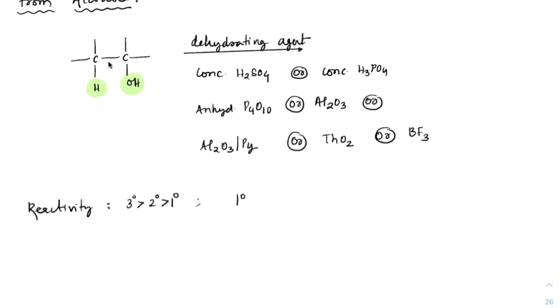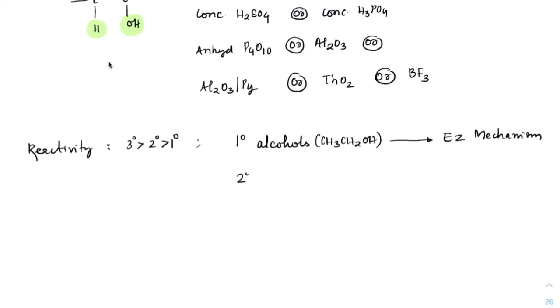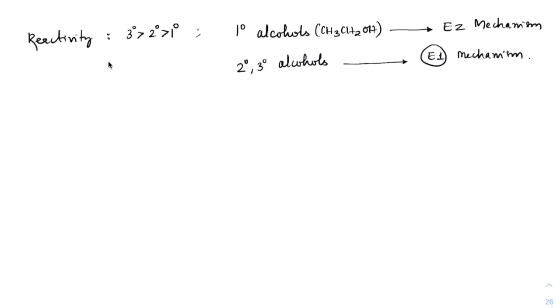When it comes to primary alcohols like CH3CH2OH, if there is any elimination happening, it is usually by the E2 mechanism. But if it is secondary or tertiary alcohols, the preferred mechanism is always E1. Let me show you the mechanism with an example.